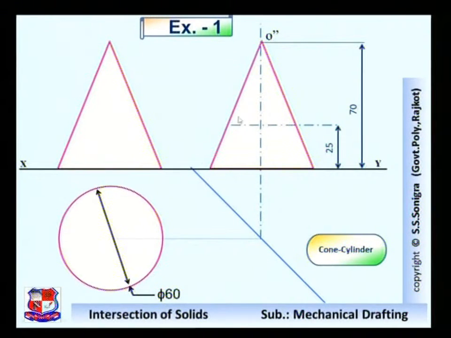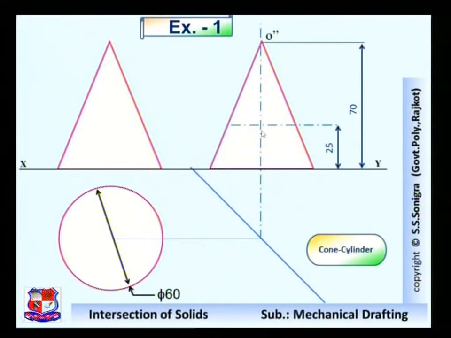This is the center line for the circle or for the cylinder, above the XY line at a distance of 25 mm on this axis. So this is the center point of the cylinder. Taking this point as a center, we have to draw a cylinder, but the cylinder should be drawn in such a way that it touches these two edges. These two are the true length of this cone, so it should touch these two edges.